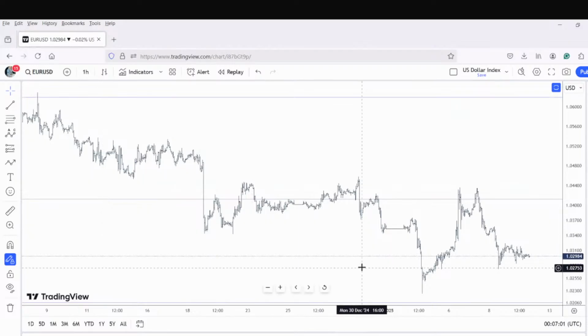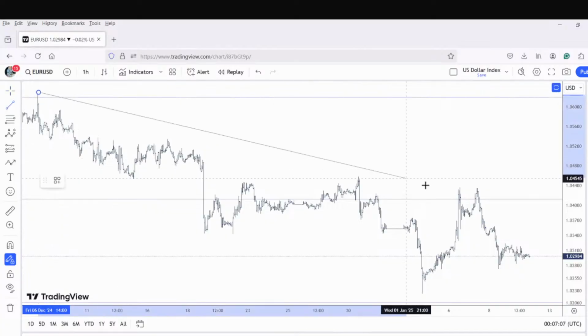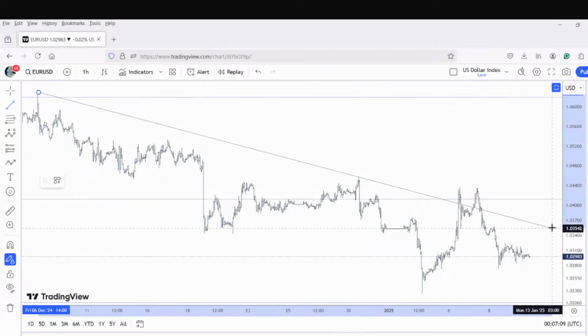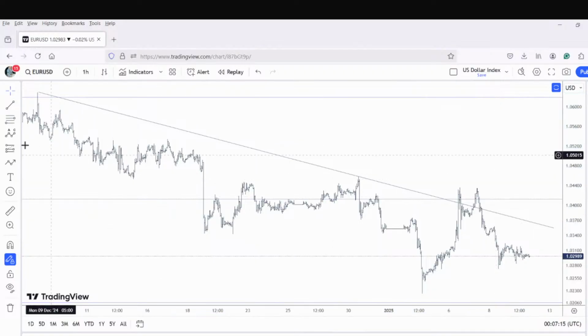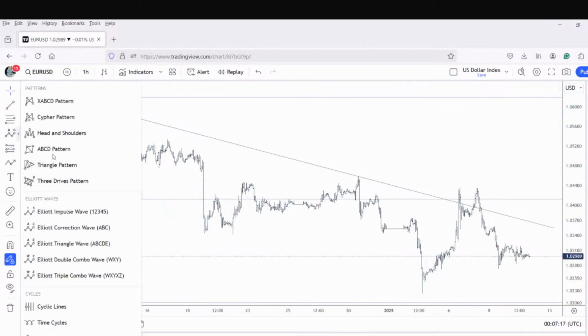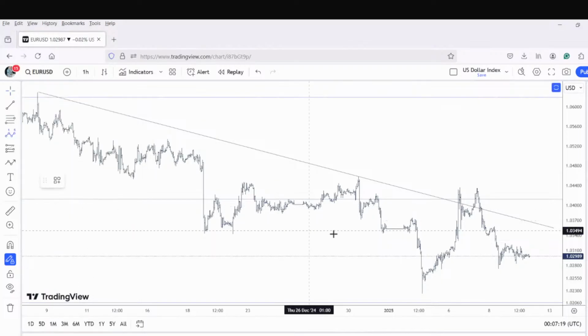Now, as I have been talking since the last three sessions now, euro, if it is going to test the low, it is going to do so. Okay, so don't worry for that. Let's just focus on the trade at this point in time.